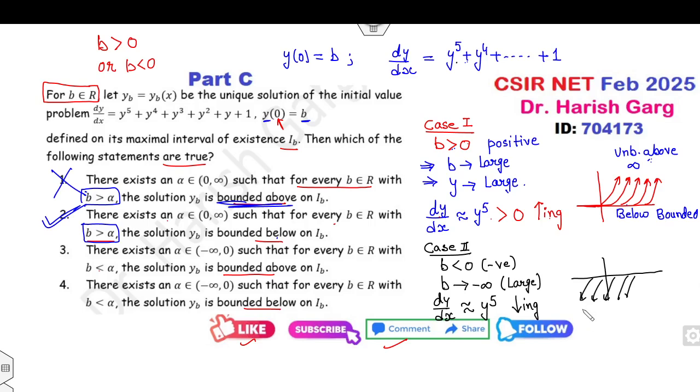So what does it mean? This is unbounded below, but it is bounded above. So you can see it is bounded above whenever B is less than 0 and it is unbounded below. But he said bounded below. So the correct option of this problem is B and C are the right answers.